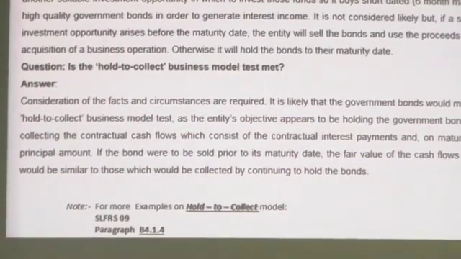Clear? However, you have to divest the investment in June or before that to pay for the exam fees. Therefore, your investment is hold to collect and sell. But if you invest in a security which matures in April or May, it is hold to collect. Is that clear? That depends on your intentions. Therefore, try to read these examples. Got it?